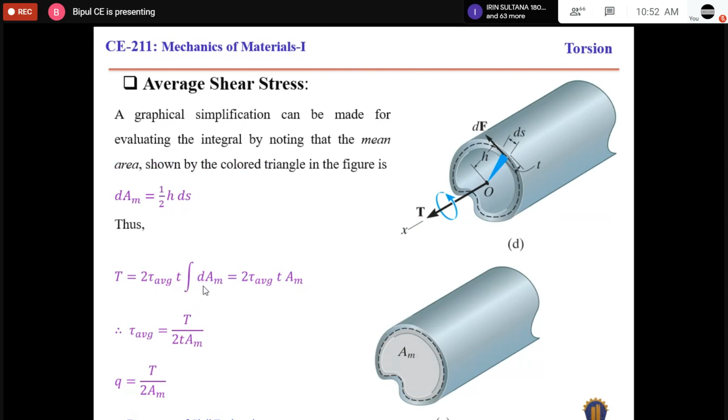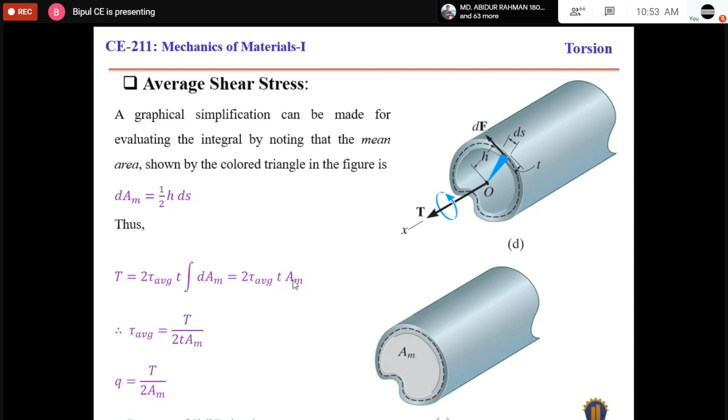Now the equation of torque has been expressed in terms of mean area. When we have completed the integration, then Am will be the total mean area.